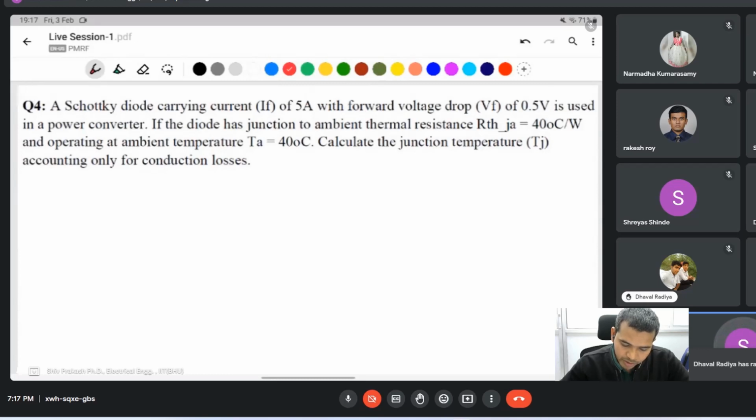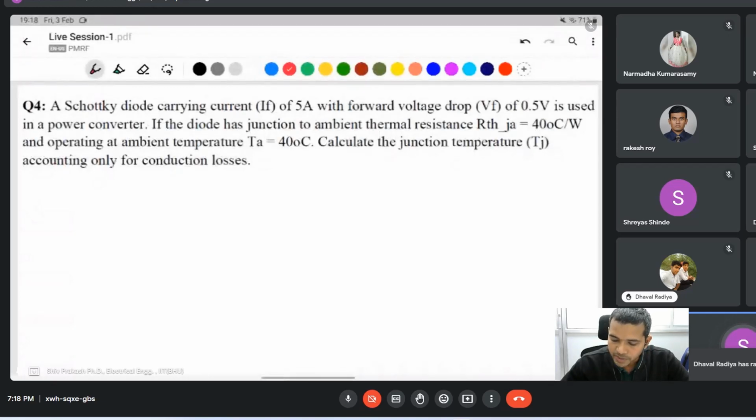Question number 4. A Schottky diode carrying a current of 5 ampere with a forward voltage drop of 0.5 volt is used in a power converter. The diode has junction to ambient thermal resistance of 40 degrees centigrade per watt and operates at ambient temperature T_A of 40 degrees centigrade.